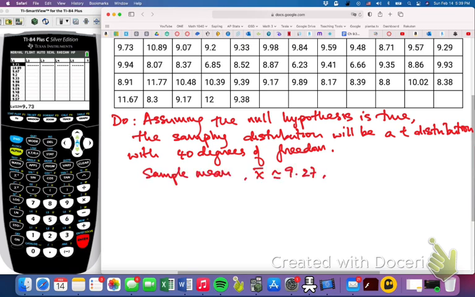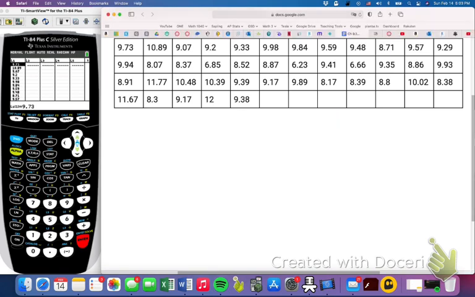And x bar, the sample mean, is 9.27, and the standard deviation of the sample is 1.198. Now, I want to show you how I got that, right? I already put all 41 data into list 1.